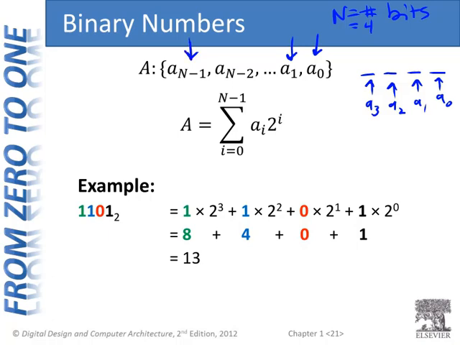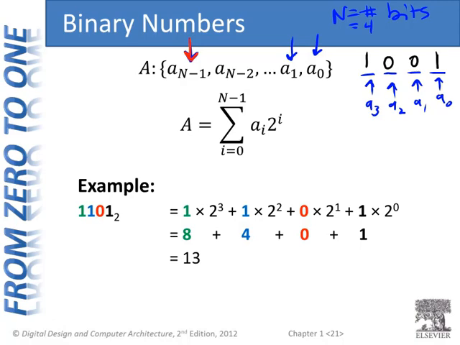So it goes to a sub n minus 1. In our case, n is 4, so a sub n minus 1 is a sub 3. And then we could put any value in there. We could put the value 1, 0, 0, 1, for example. So a sub 0 is 1, a sub 1 is 0, a sub 2 is 0, and a sub 3 is 1.